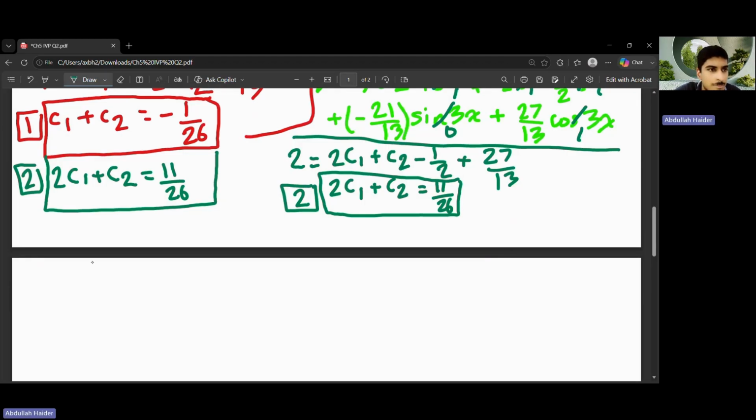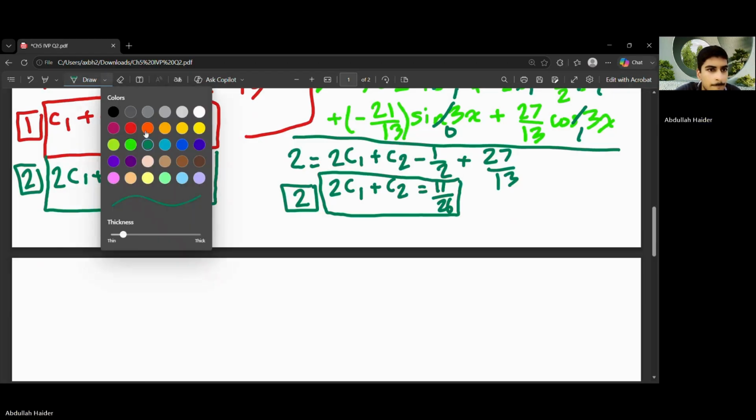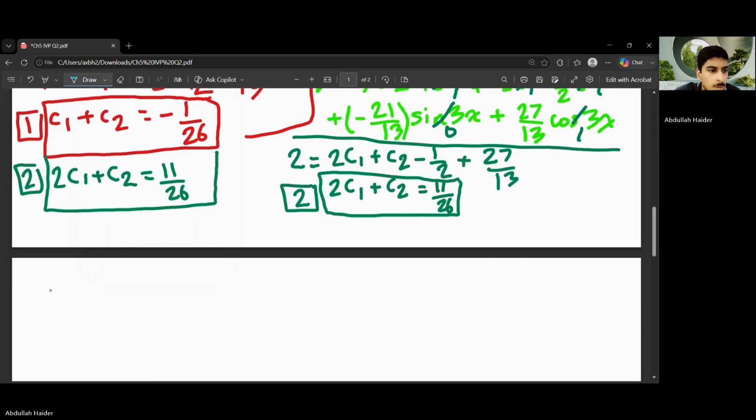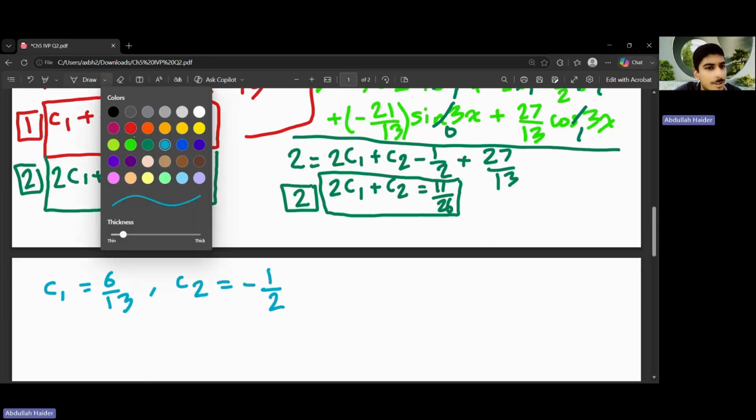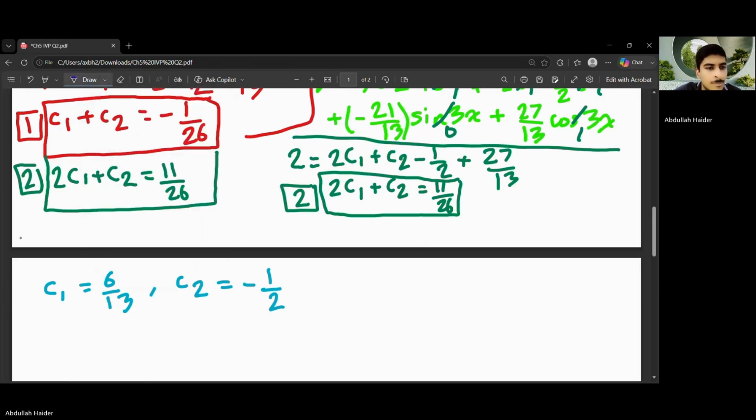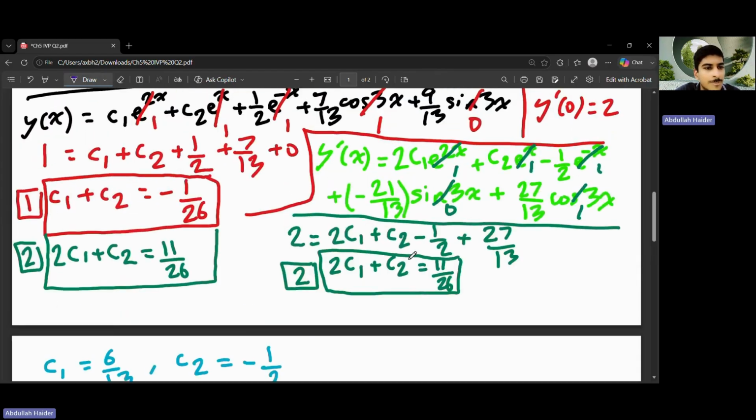So you get your c1 is 6 over 13 and your c2 will be equal to negative half. So finally, you can write your final answer, since you have all the constants now.